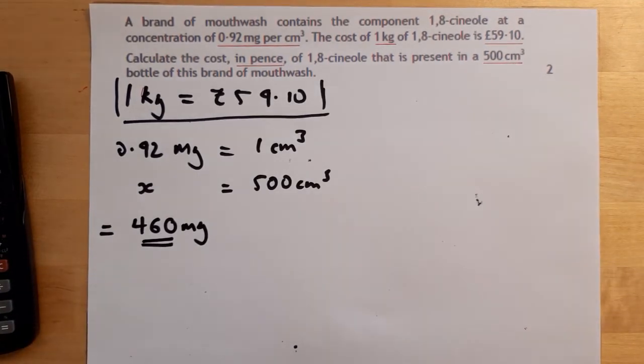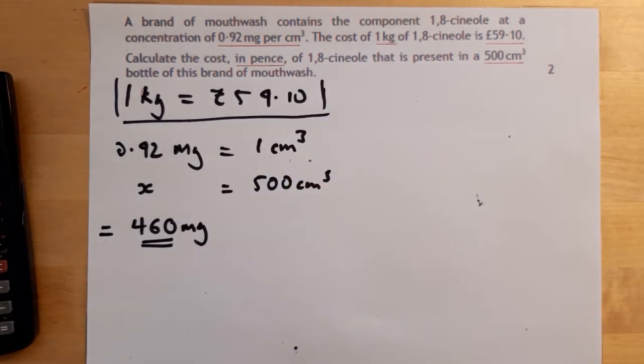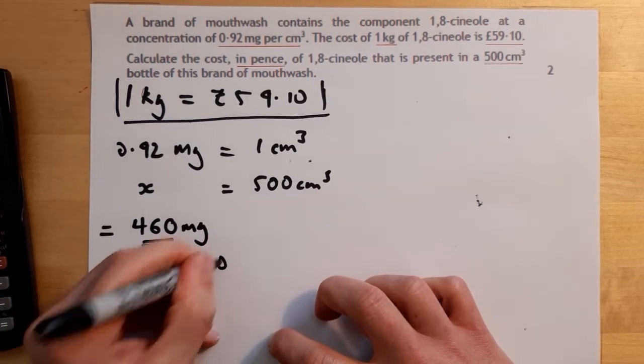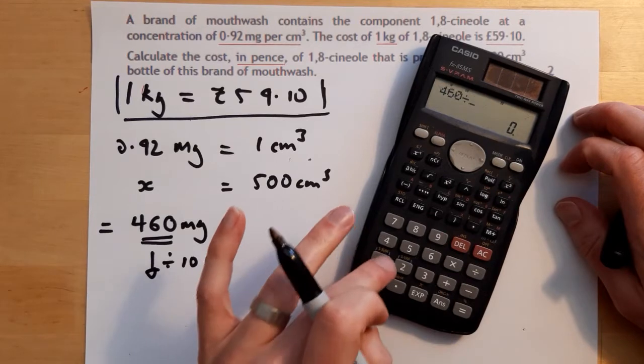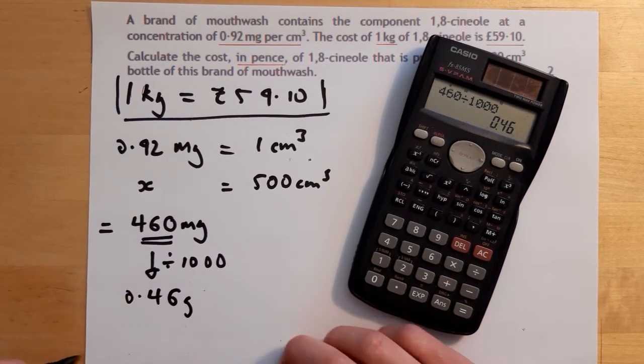So what we need to do now is, well, we've got kilograms here, so we're going to convert this into kilograms. So we're going to divide it by 1,000, which gives us 460 divided by 1,000, and we've now converted it into grams, 0.46 grams.